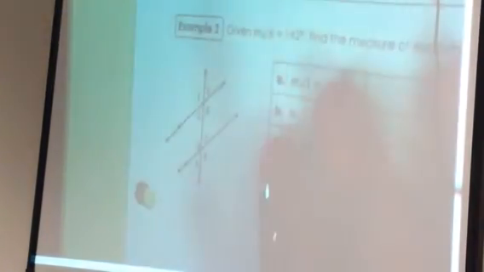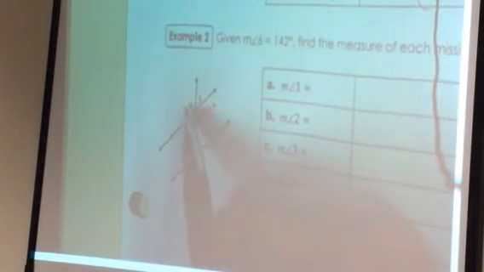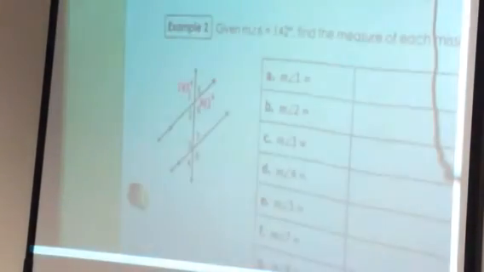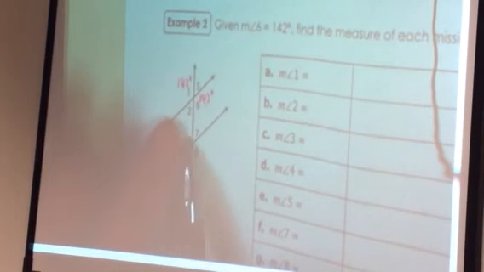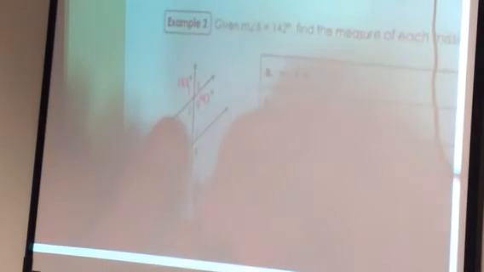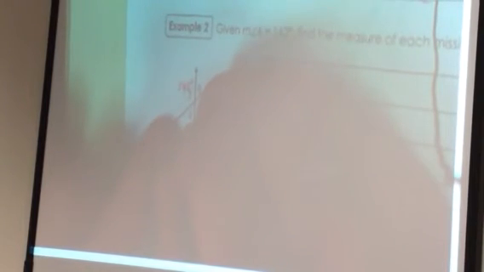So, if you know that, it tells me angle 6 is 142 degrees. I know what is opposite of that is also going to be 142 degrees. And then those same two angles on the bottom, which would be 3 and 8 in this case, is 142 degrees.